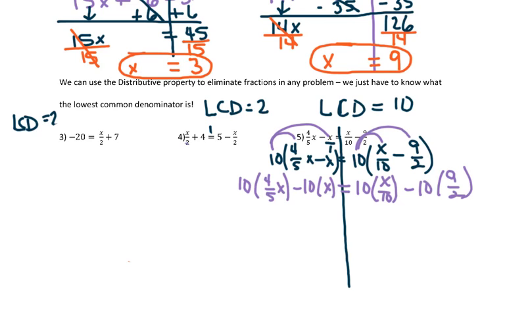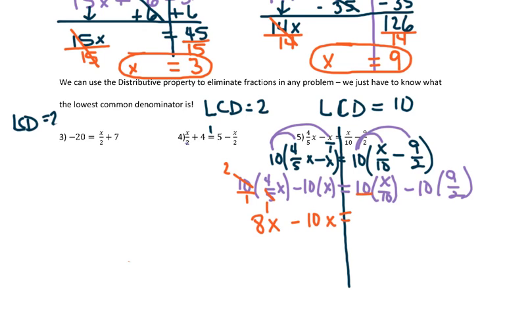We're going to now look to cross cancel. So 10 over 1, 10 cancels with 5. 5 goes into both of those. So now I have 2 times 4 times x. So 2 times 4 times x is 8x. Here we have minus 10x.